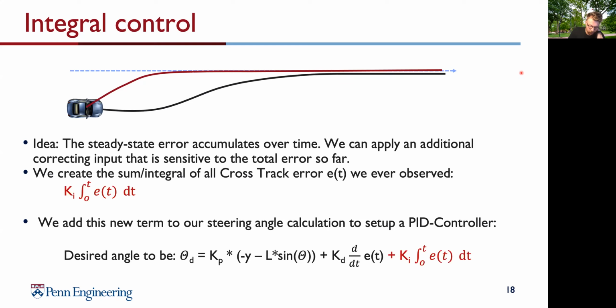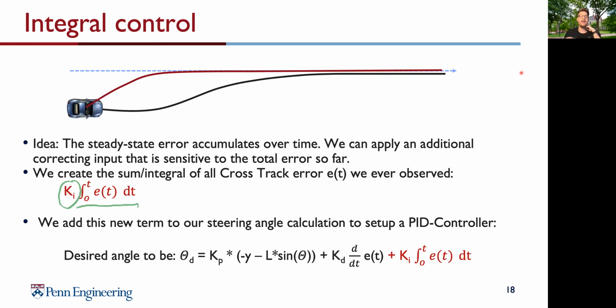So we add now the sum, or let's say the integral of all cross-track errors, e(t), with an additional parameter K_I, which defines our gain, and creating the integral over e(t).